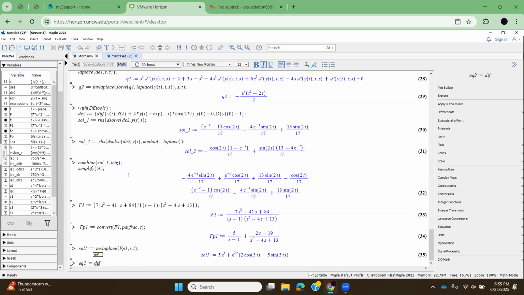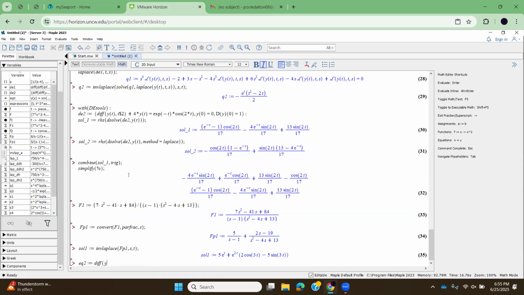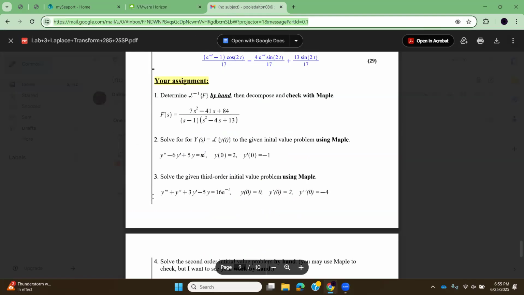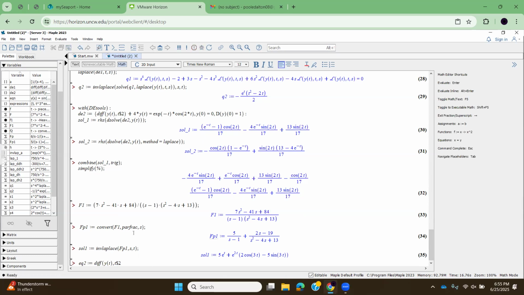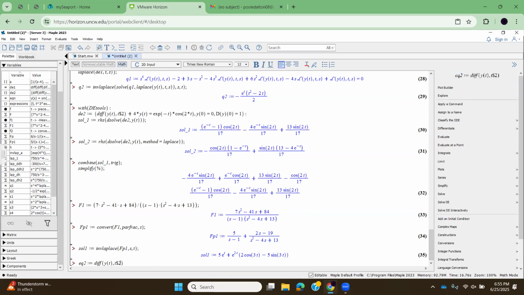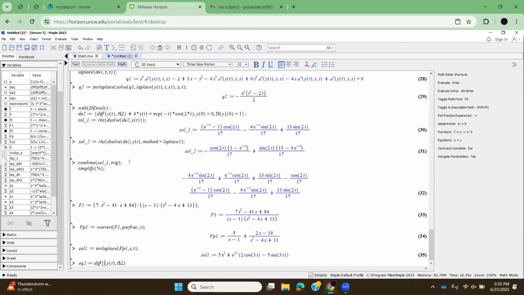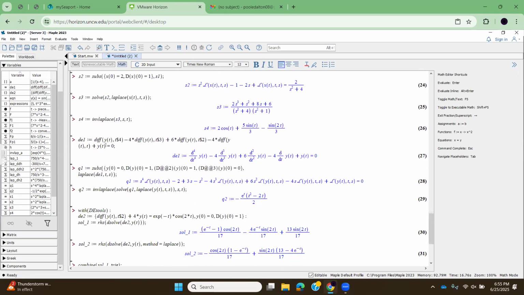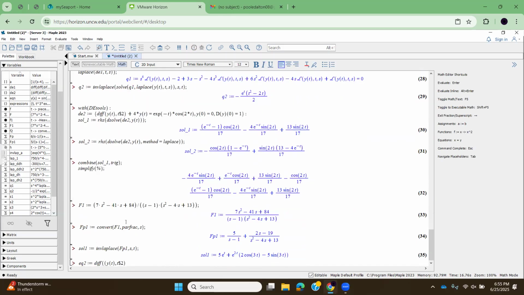So we'll do diff y t comma t. I think it was the second derivative. Yeah. And we'll do minus. This has all parentheses on it. Make sure that's right. So it looks like y of t comma t money sign for y of t comma t. Yep. So that's all in the right spot.